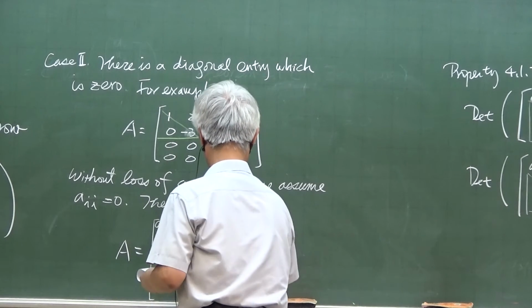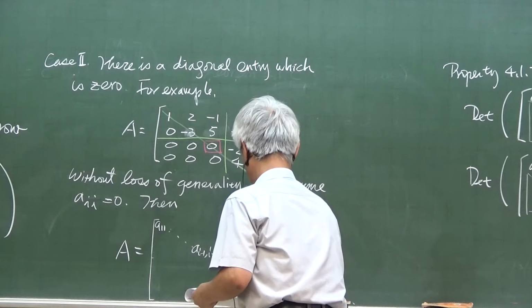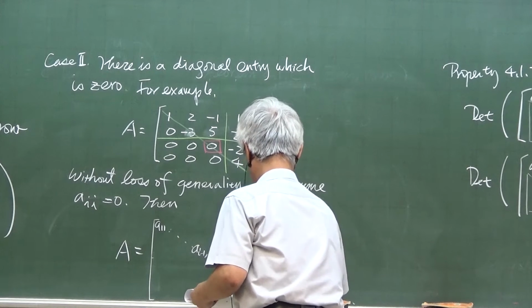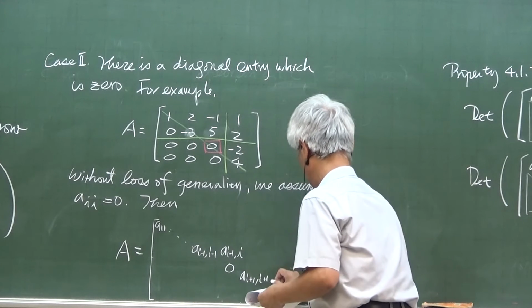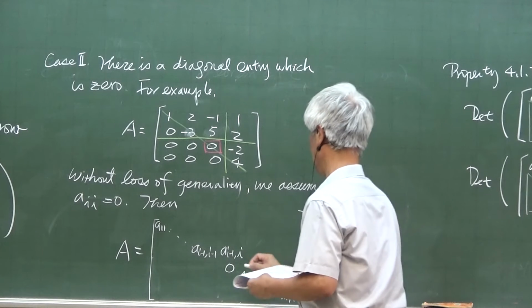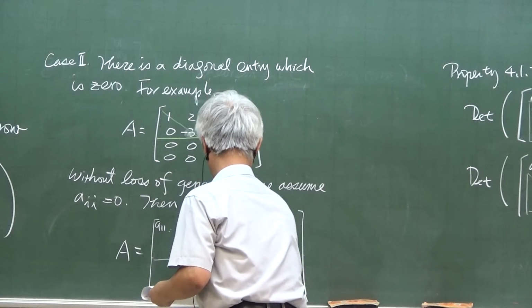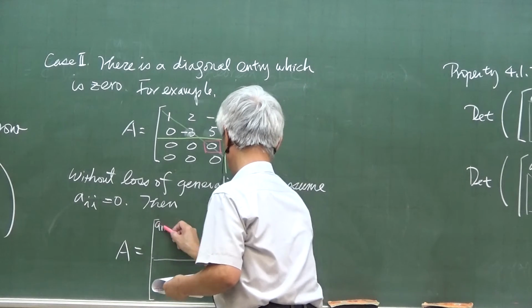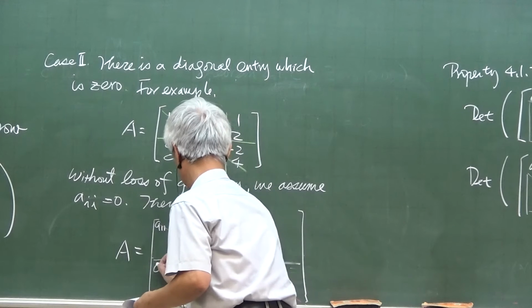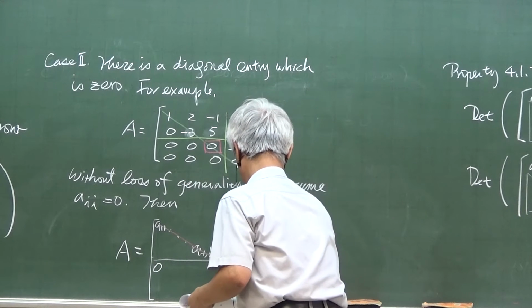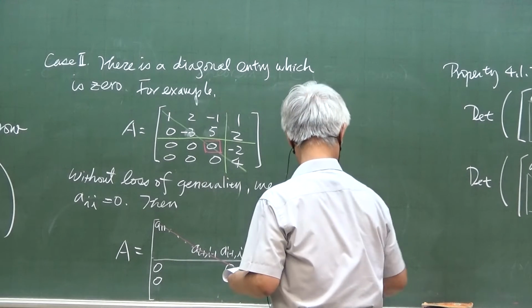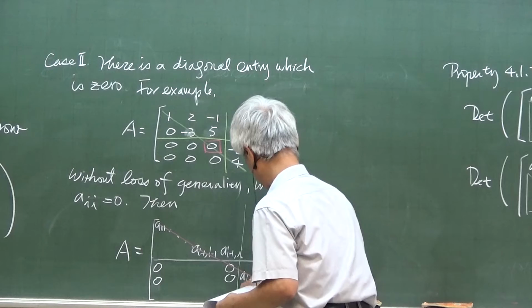And we have 0 here, and we have a_{i+1,i+1} up to a_nn. Okay, this matrix. So the diagonal is here, and we have 0 up here, and this is 0, 0.